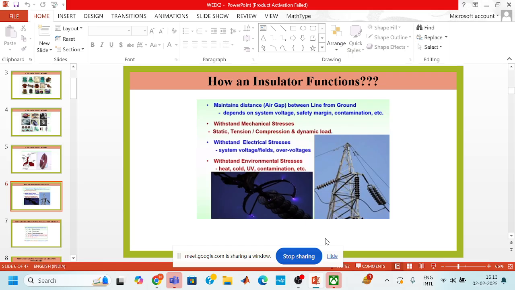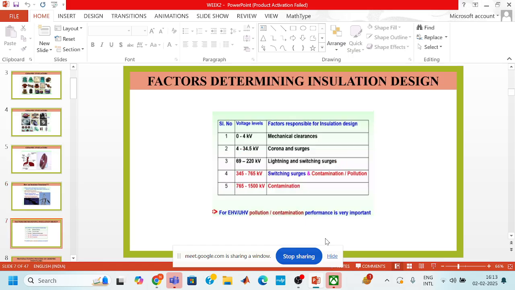Second, it withstands electrical stresses, depending on system voltage and overvoltages. It also depends on environmental stresses, like ice, contamination, UV, heat or cold. So all this depends on the insulator's properties, that is mechanical, electrical, and environmental strengths.